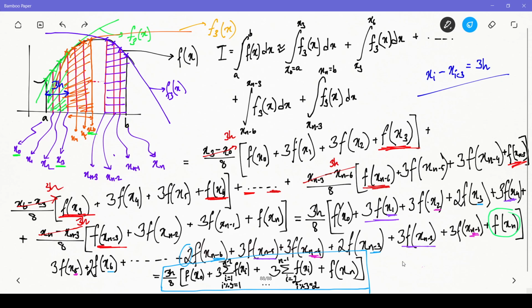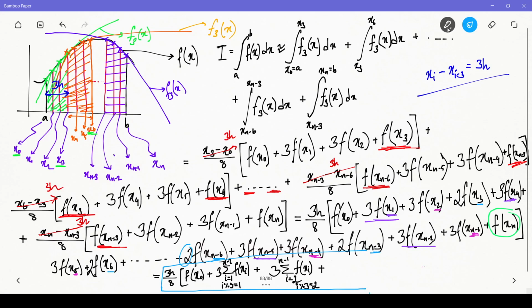We can say that these subscript values, the index values, are multiples of 3. Which means when I take these indices modulo 3, I should expect a remainder of 0, because when we perform the modulus operation between a multiple of a number and that number itself, we end up with the value 0.